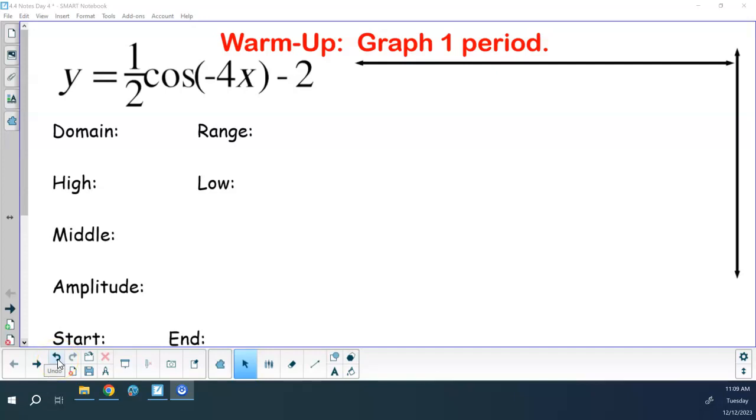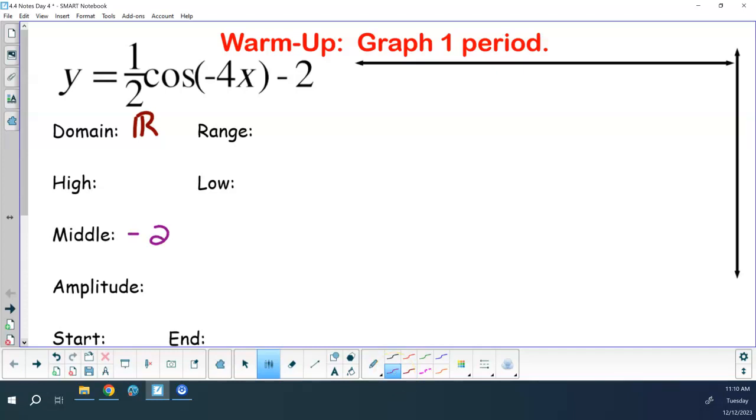All right, let's fill some stuff in. This one, it's got a domain of all real numbers. Would you concur? I would concur with that. This one's got a middle at -2.